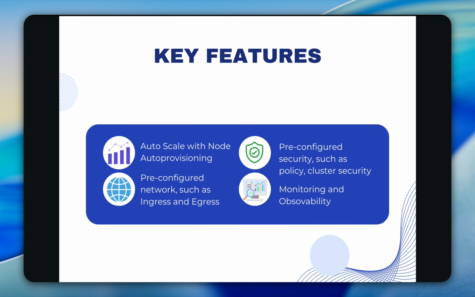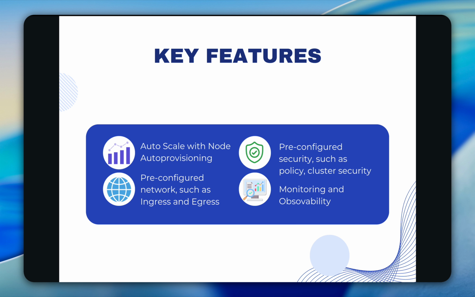So let's take a look at some key features in AKS Automatic. One of the key features is auto scale with node auto provisioning, which is enabled by default.